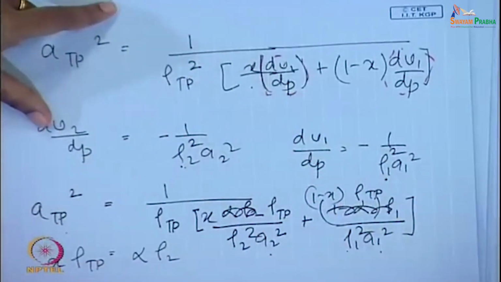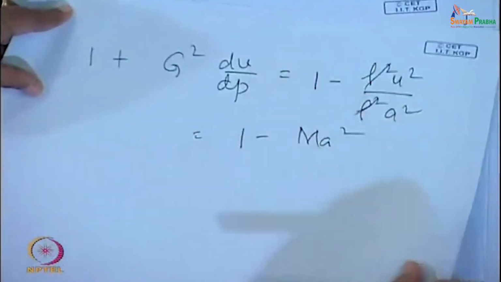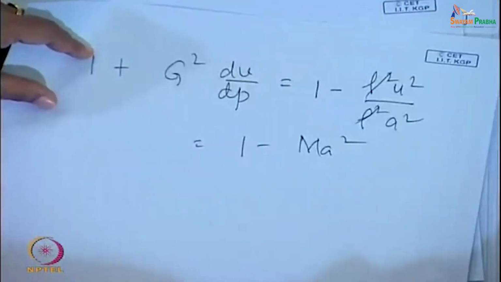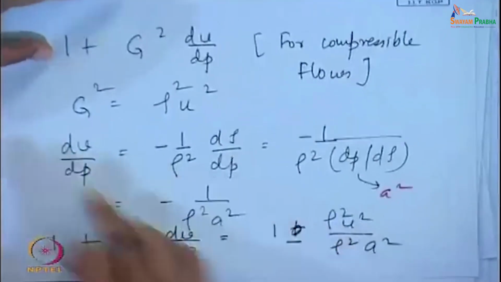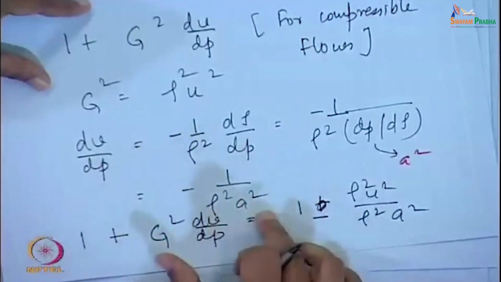I had already deduced them, I believe, see here itself I had deduced rho square. So this was the thing, dv dp equals minus 1 by rho square A square. So from there it had emanated.